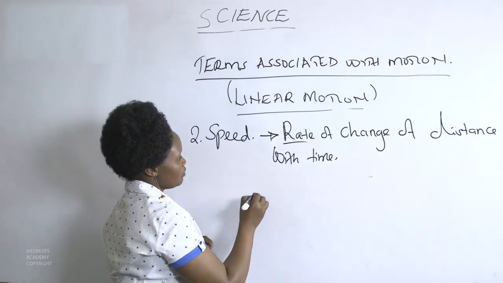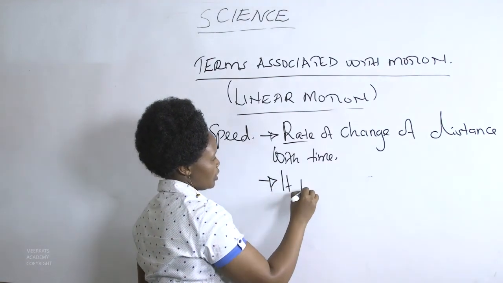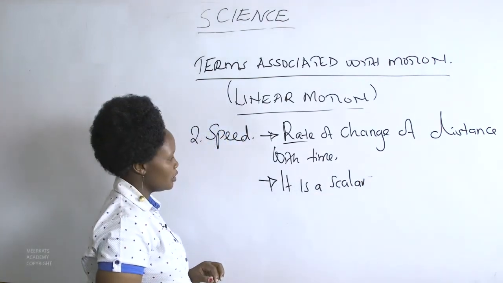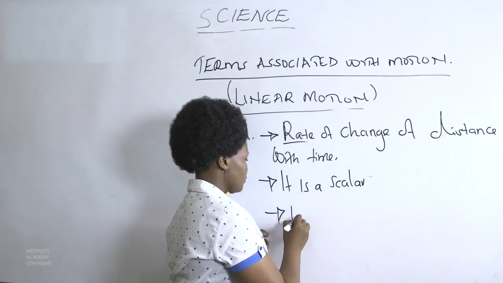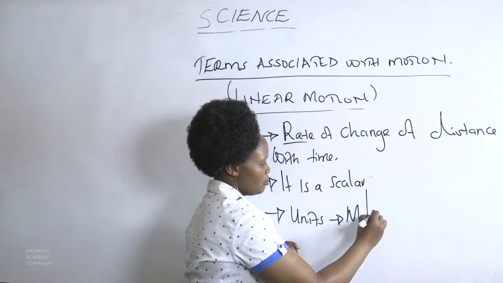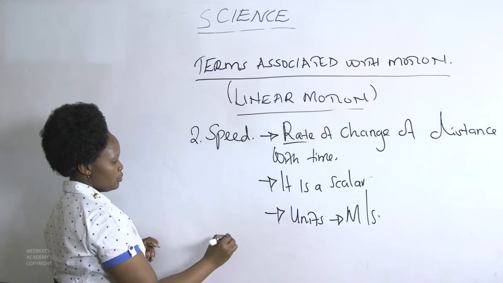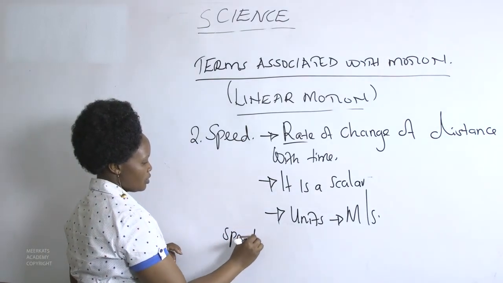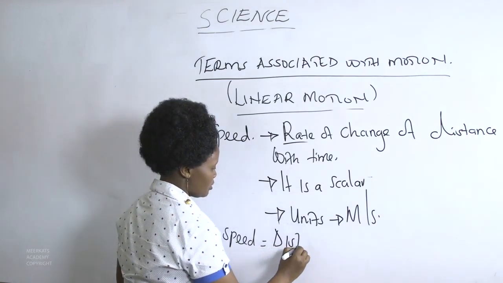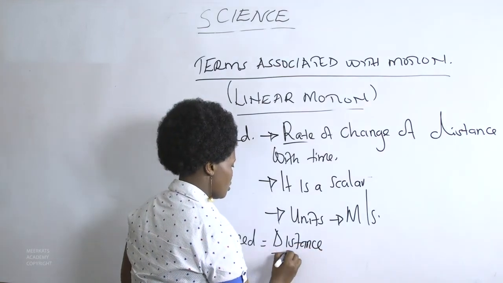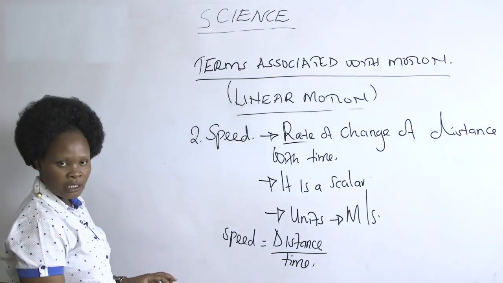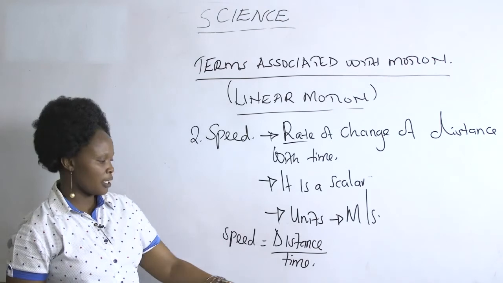In itself, it is a scalar, and the units of speed are meters per second. Numerically, speed is given by distance over time: distance covered divided by the time taken.